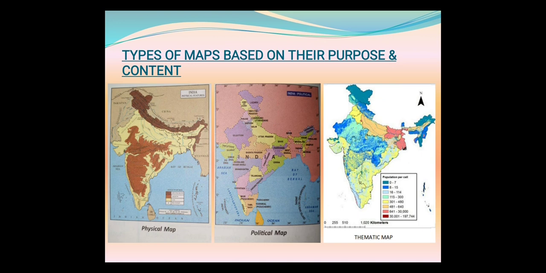Physical maps provide details about the natural features of an area or a country, like mountains, plateaus, plains, rivers, lakes, oceans and other features. Political maps show different countries of the world along with their states, national and international boundaries, political units and administrative divisions.